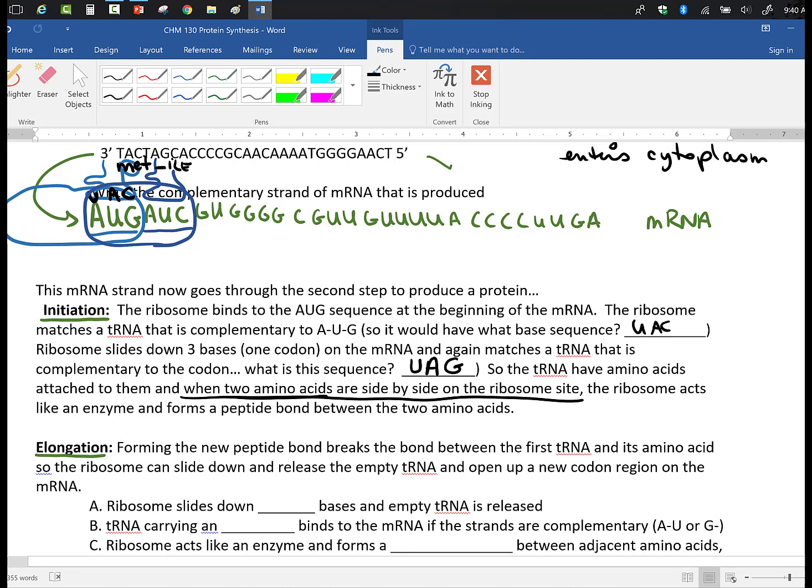In doing so, it breaks the connection that the first tRNA has with its amino acid. So now ILE is connected to MET, but that left tRNA is called empty because its amino acid has been removed. So this one just ends up falling off.